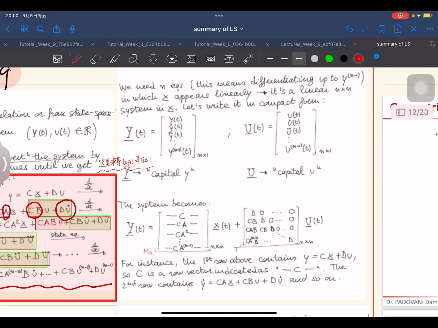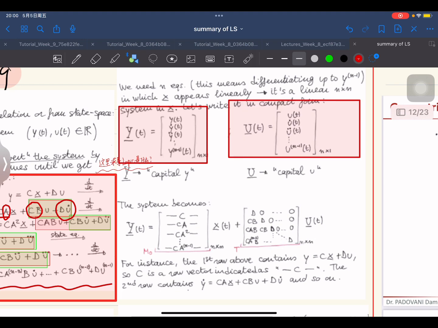The compact form is like this. One is the output, one is the input. We use capital Y and capital U to represent them. For capital Y, the coefficient will become C, CA, up to CA to the n minus 1 power, times S(t).